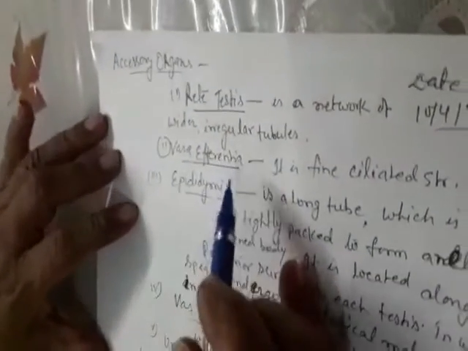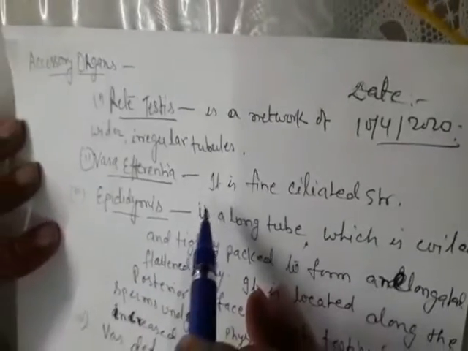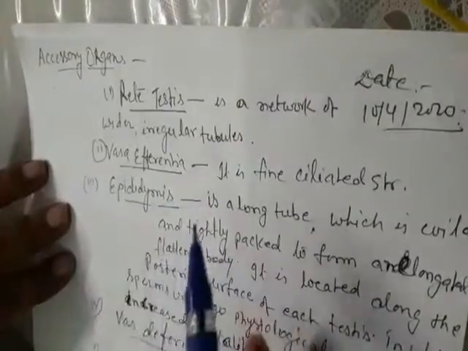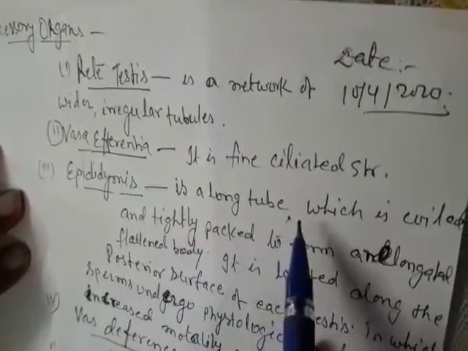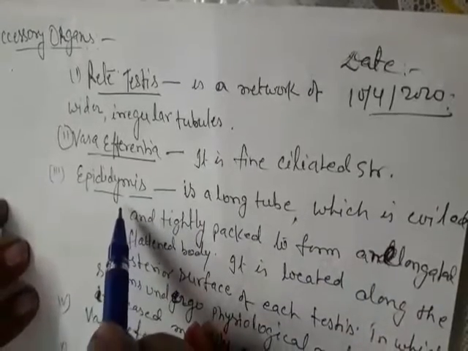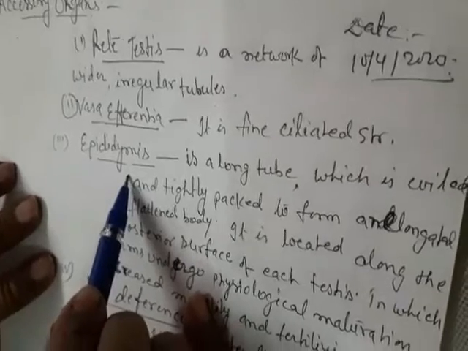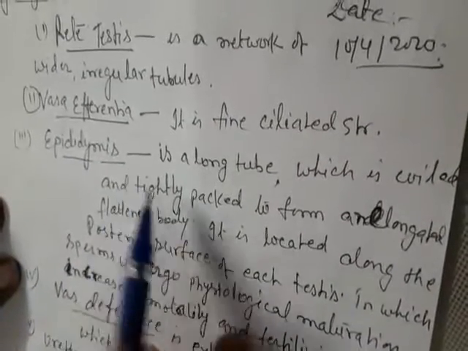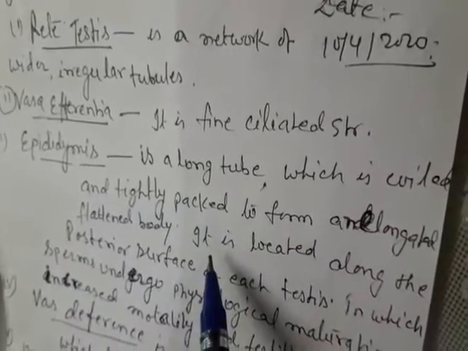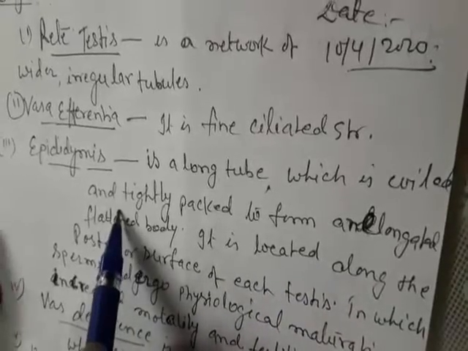First, rete testis. Rete testis is a network of wide irregular tubules which join the vasa efferentia. Vasa efferentia are fine ciliated structures. Vasa efferentia open into a long tubular structure known as the epididymis. The epididymis is a long tube which is coiled and highly packed to form an elongated flattened body.